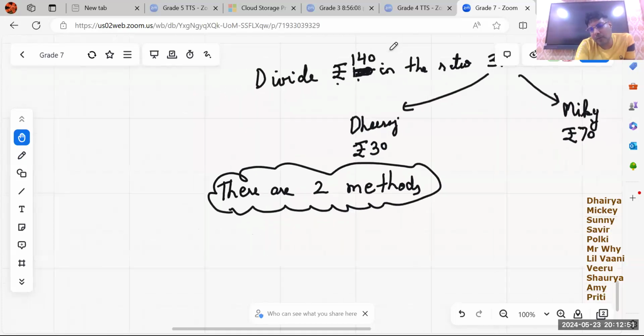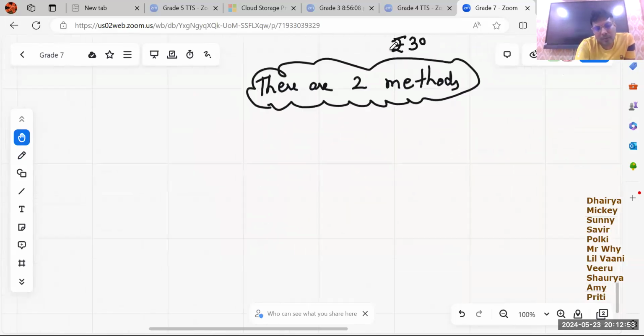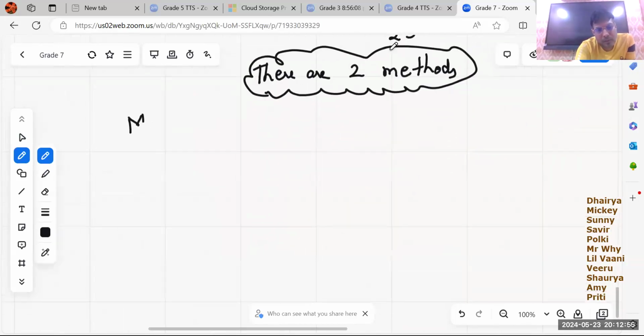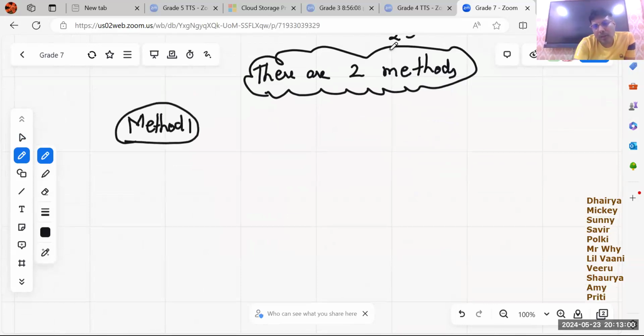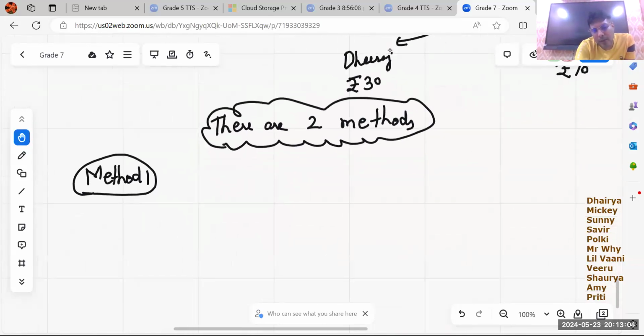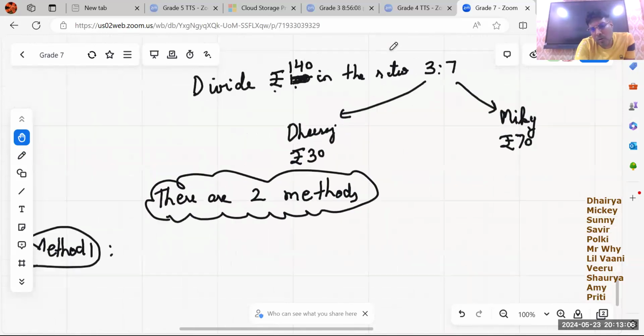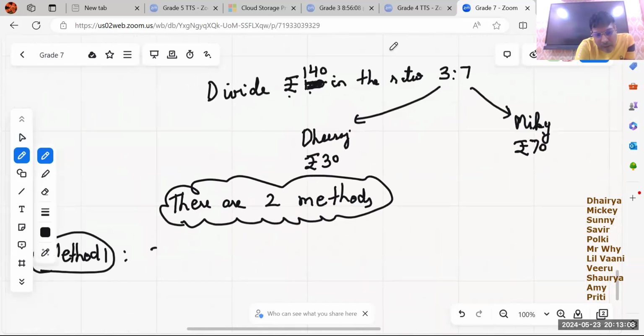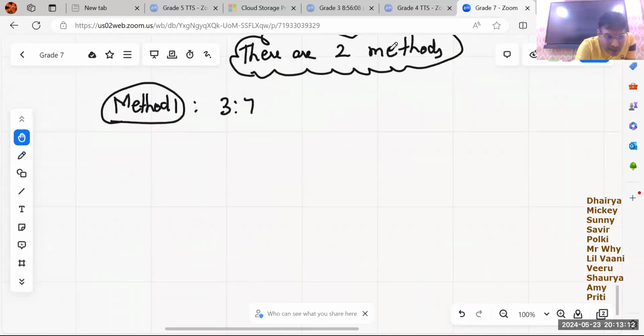So method 1, which is by linear equations. Whenever you are given a ratio 3:7, you will take this. This is a very standard method which you can use anywhere.